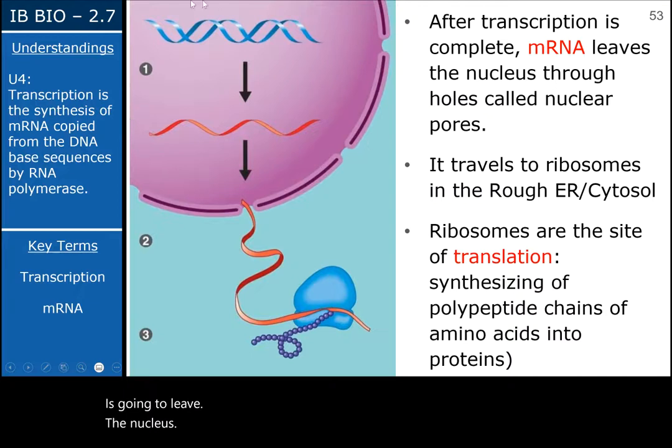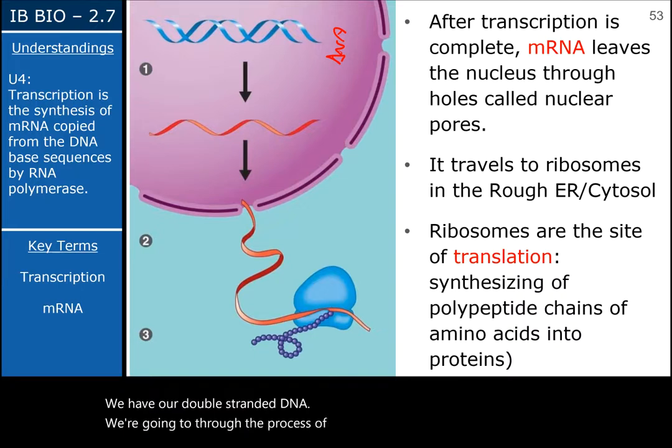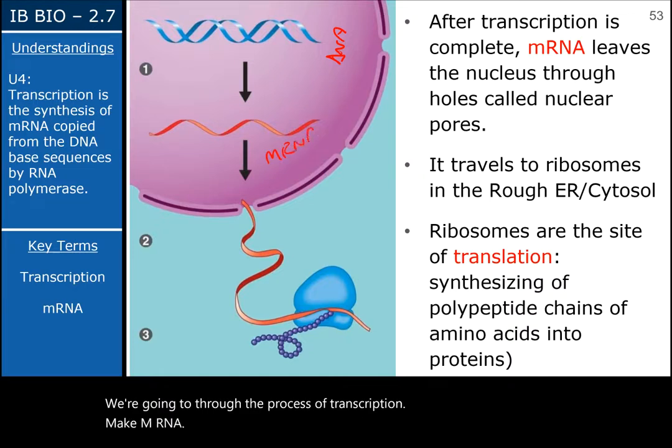So here is our nucleus. We have our double-stranded DNA. Through the process of transcription, we make mRNA. Right?